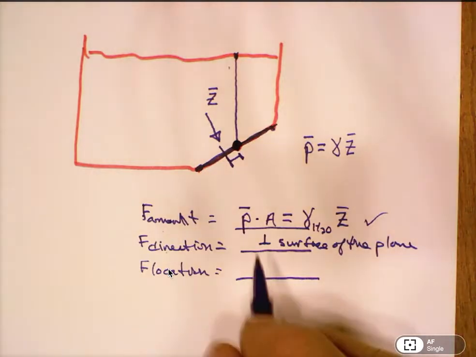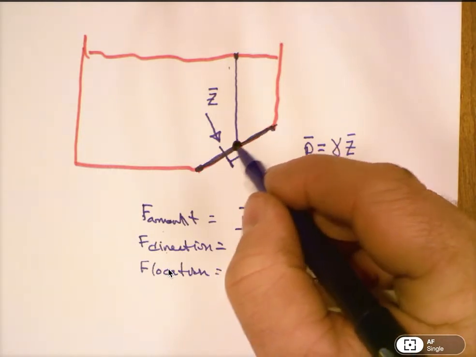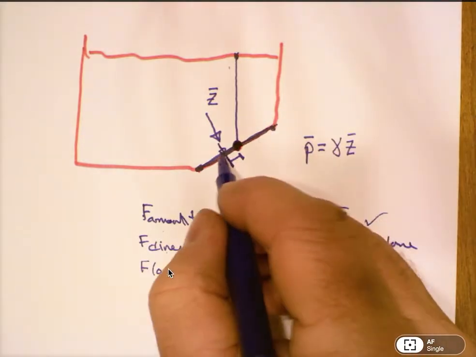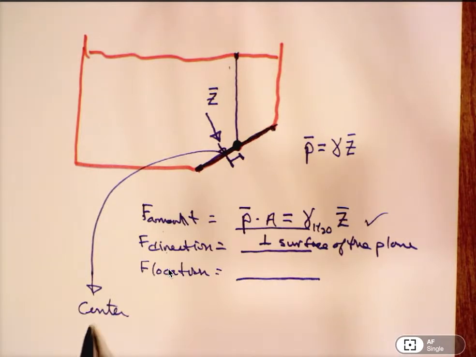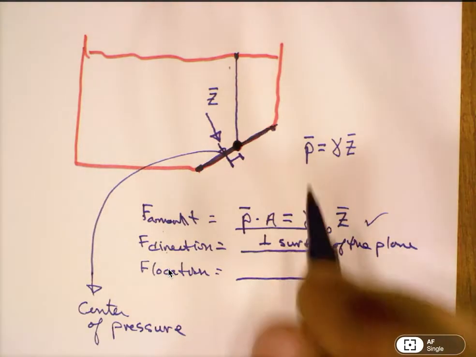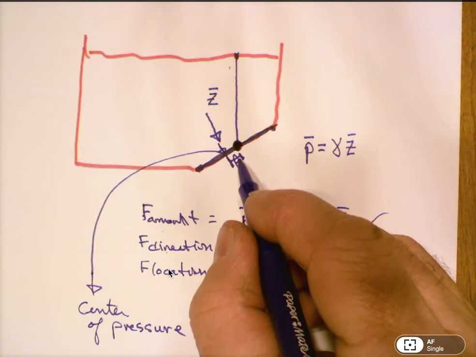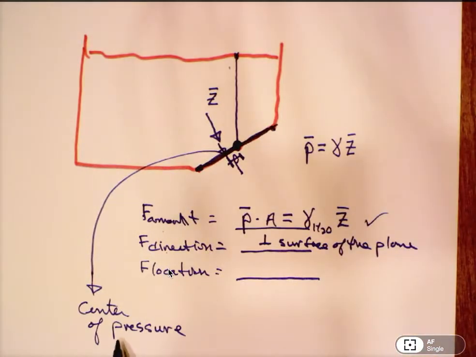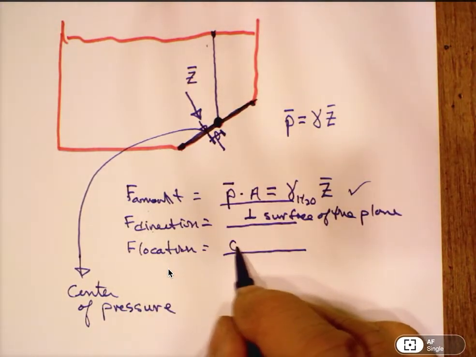We call this distance here, and we call this place that it acts the center of pressure. And there's an equation that you can find in an FE book of how far below the centroid along the plane the center of pressure is. So the location is at the center of pressure.